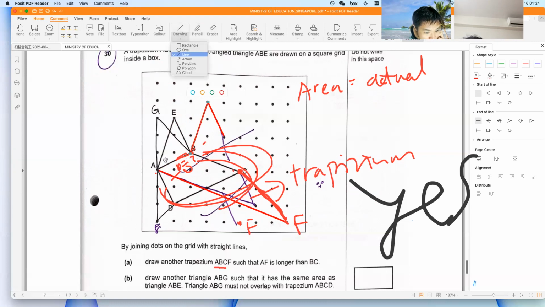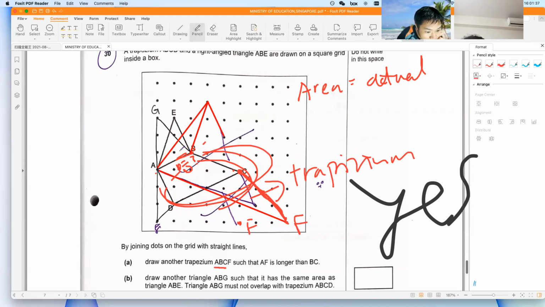So just link it up. Yeah, so this is the answer. Why? Because this is the base. You use the same base, and then the height is still the same height. So this is the triangle.